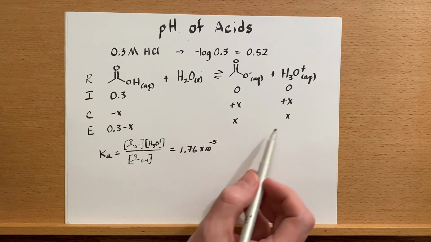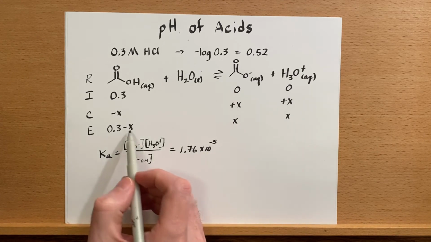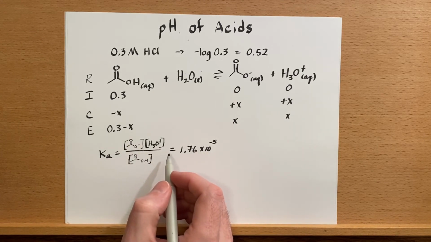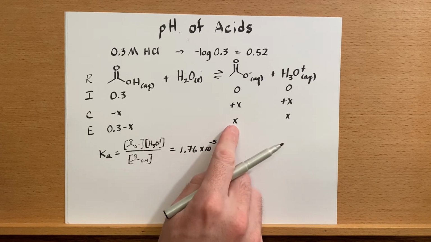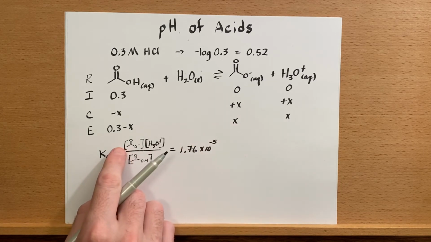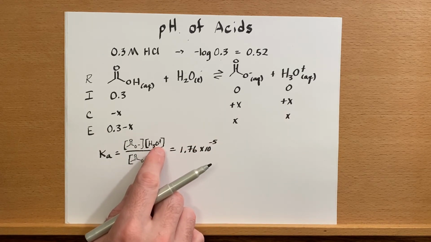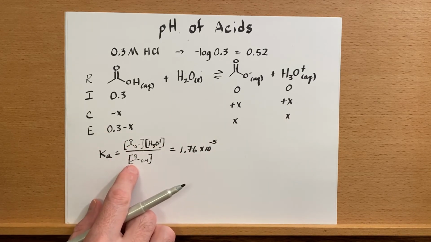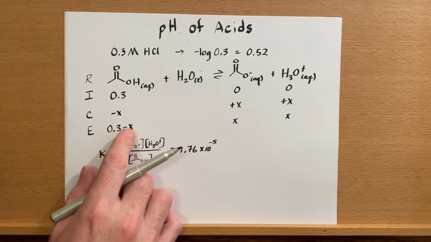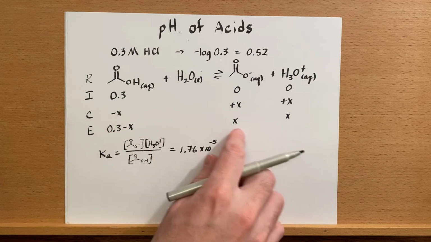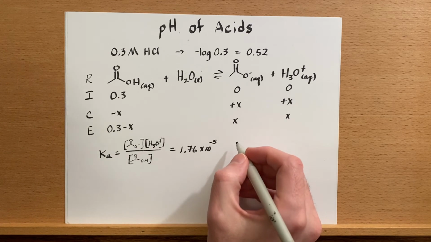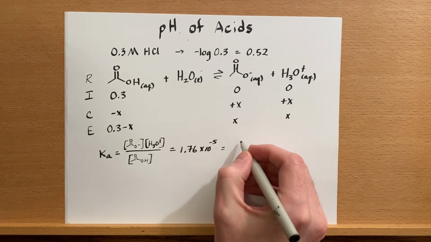And then let's substitute in our equilibrium concentrations. We know that the acetate concentration is our unknown x. Same thing for our H3O+. And then our acetic acid is 0.3 minus however much turns into these. So let's put that in.